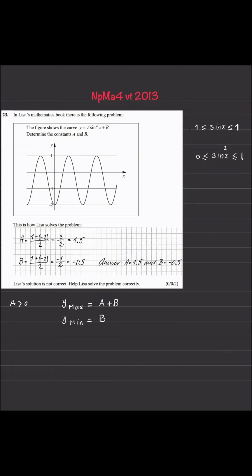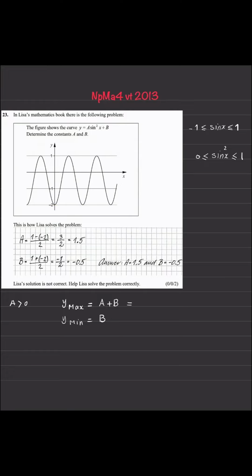But now I can go and refer to the diagram and see what are the values of y max and y min. So you see the highest value of y is 1, and the lowest value is minus 2. So on the one hand, this is the observation I made.